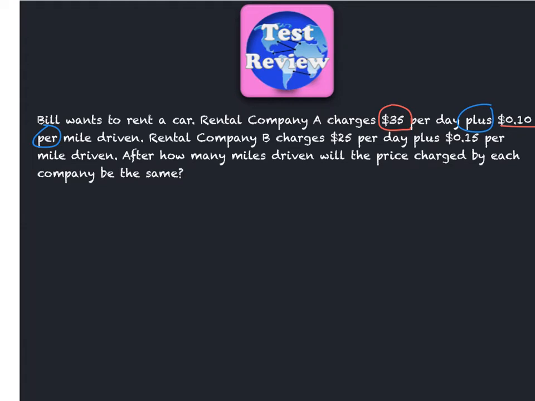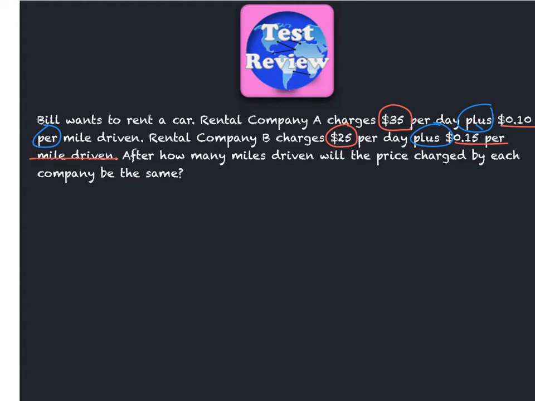And then it says rental company B charges $25 per day plus 15 cents per mile driven. After how many miles driven will the price charged by each company be the same?